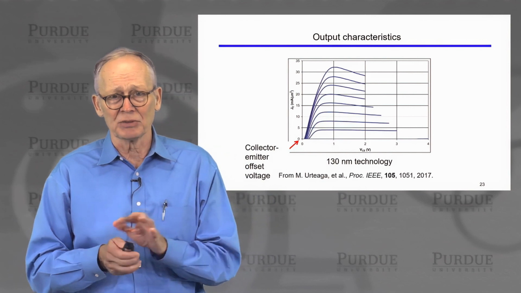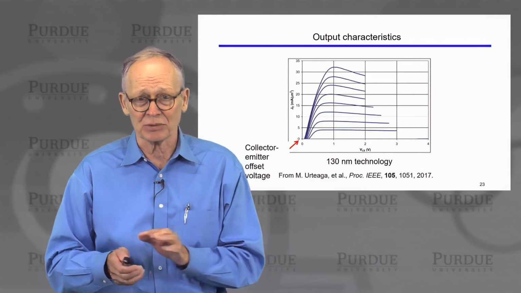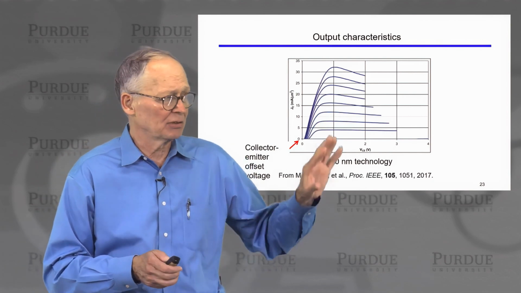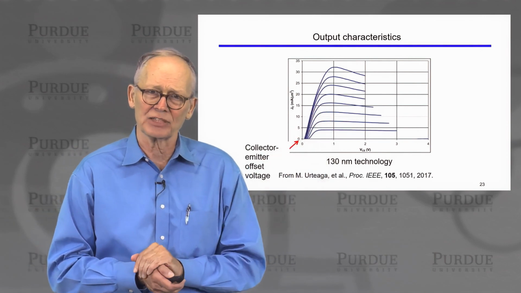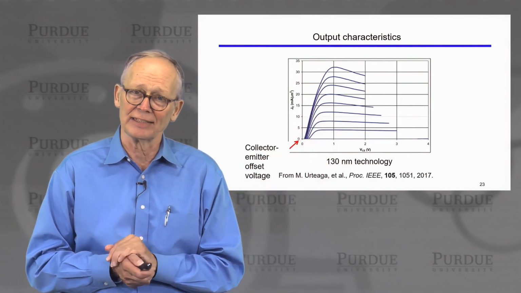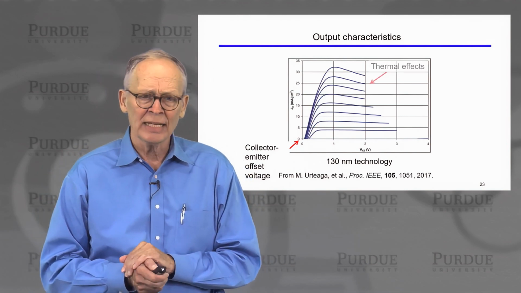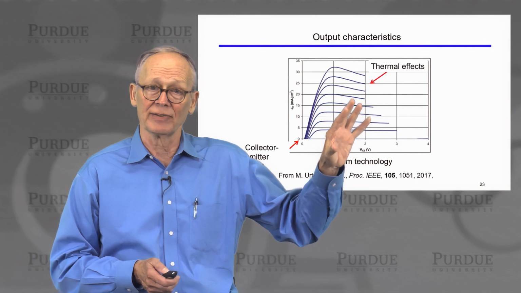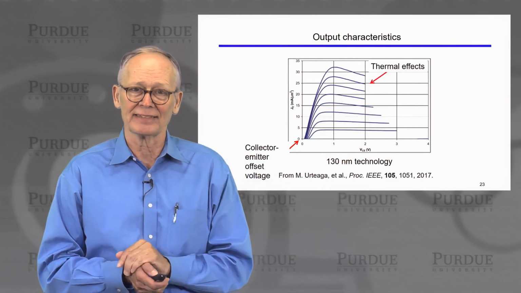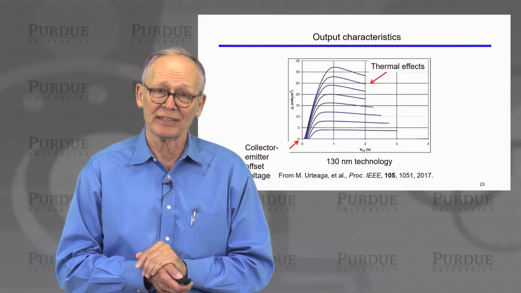But the structures that are built are still somewhat asymmetrical, so it's not a symmetrical device, and that leads to that offset voltage, which you're not used to seeing, certainly not in a MOSFET, which can be almost exactly symmetrical. You'll see that there is no Early effect. It's being masked by thermal effects. These devices are run at very high current densities.